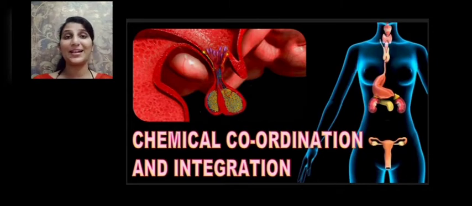These chemicals are called hormones. So hormones are nothing but chemical messengers released by a group of cells in our body, and these hormones are released directly into the bloodstream by certain glands called endocrine glands.